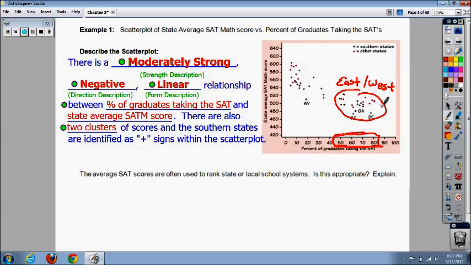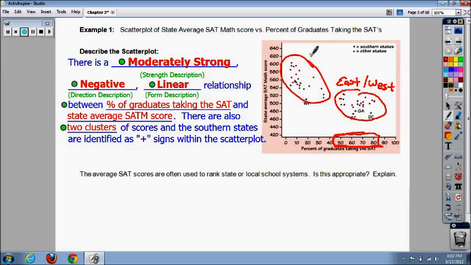The smart kids, the average ones, maybe the ones that are trying to sneak into a community college or something, and for some reason they require the SAT. I don't really know. But these are most of your students, and the not smartest students are bringing down the average. So it's not really fair to rank state or local school systems based on average SAT scores, because you have more kids taking it in these states than in these states.